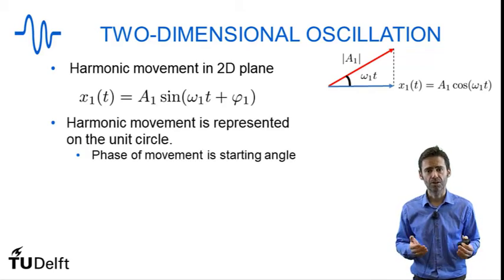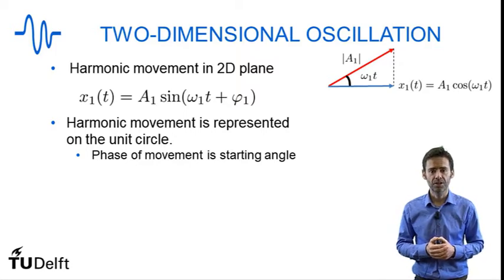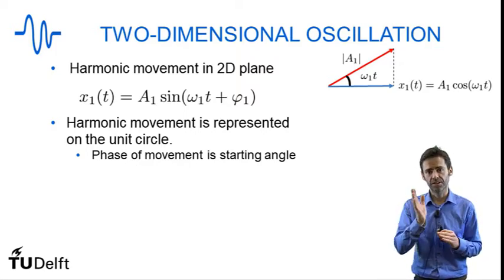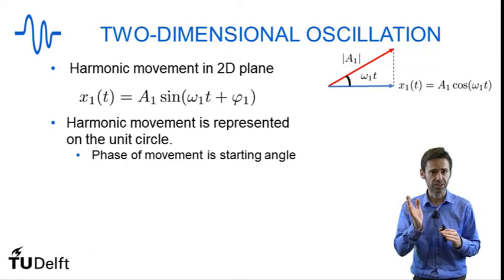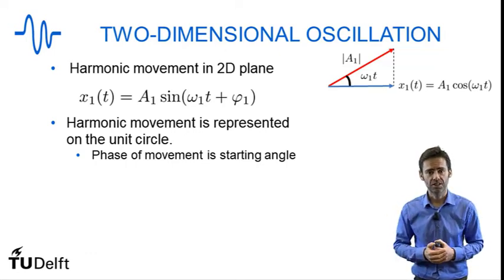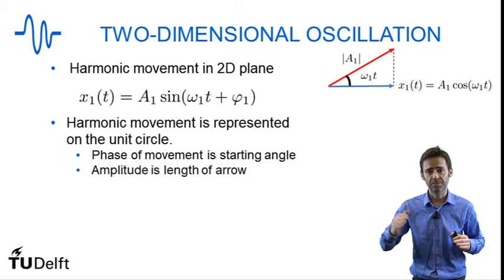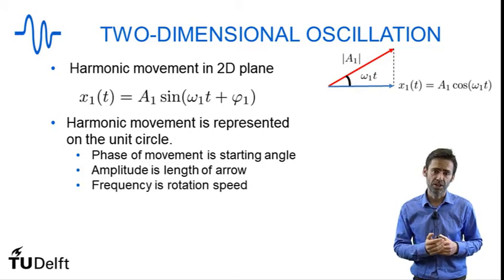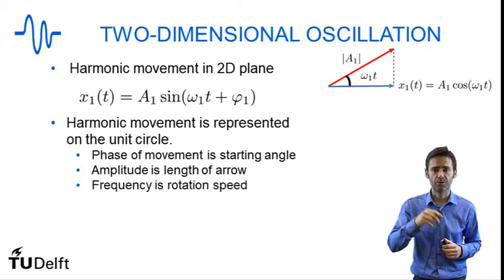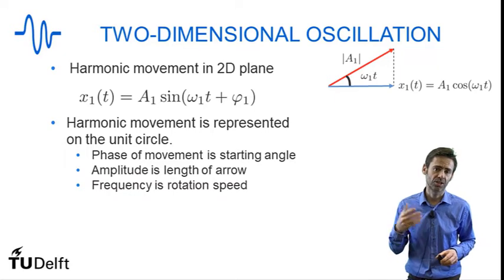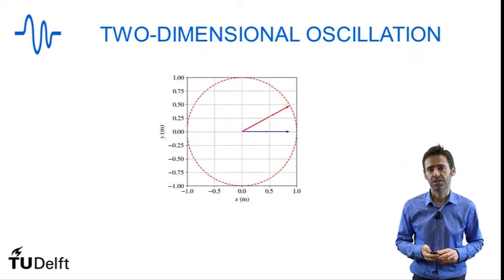So the harmonic oscillation can be represented by a vector where the starting point of the vector is essentially the phase of this sinusoidal movement. The amplitude of the harmonic oscillation is essentially the length of the vector, and the frequency of the harmonic oscillation is the rotation speed of the vector in this plane, as you can see here in this representation.